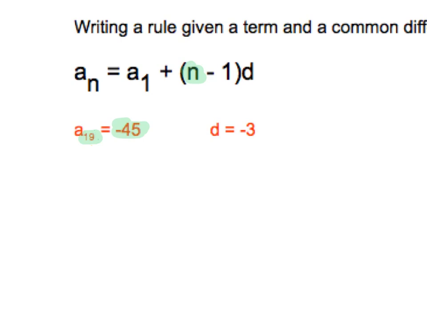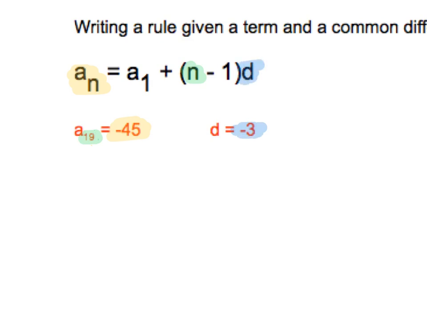We also know that a sub n, which is the value when n equals 19, is negative 45. So this negative 45 is the equivalent of a sub n. Then we also know that D is negative 3.